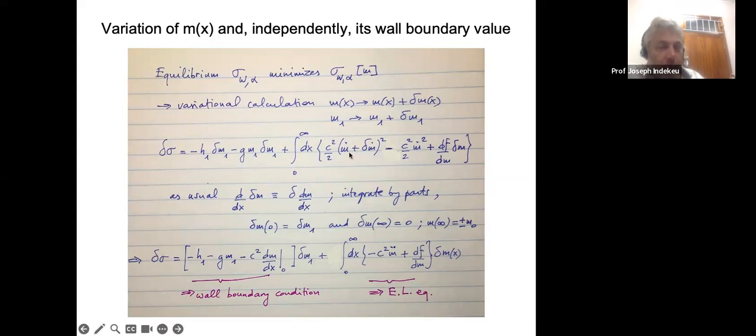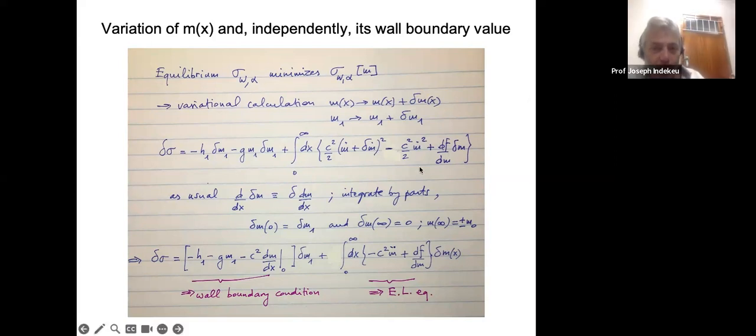Okay, and this is the derivative of it. And here I have subtracted the integrand, say the original integrand in which I had m and not m plus delta m, because I want to have the variation of the functional, the difference with respect to the previous original one without variation.